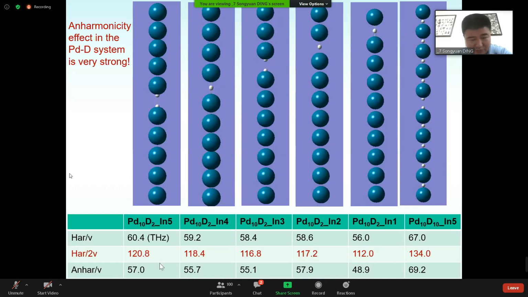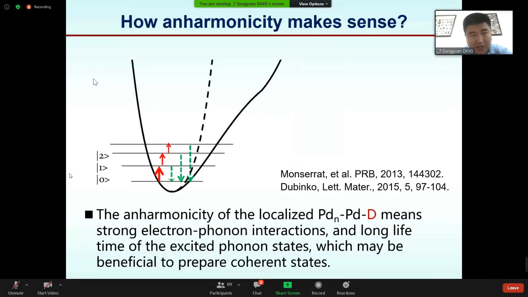We find that for all of these systems, the anharmonic effect is very strong. So the anharmonicity effect in the PdD system is very strong. But how does anharmonicity make sense? So this is a model.